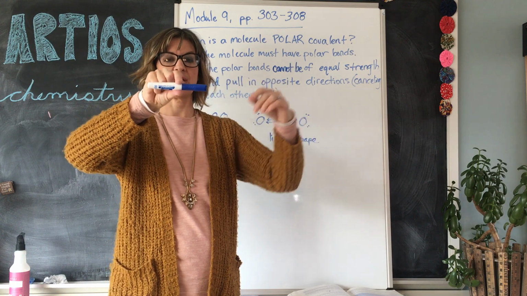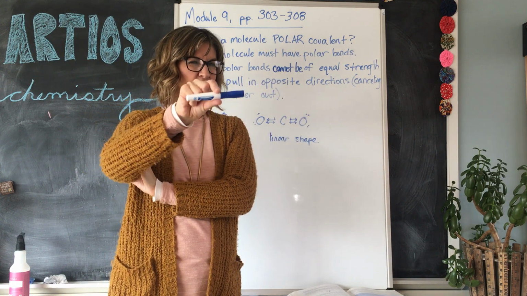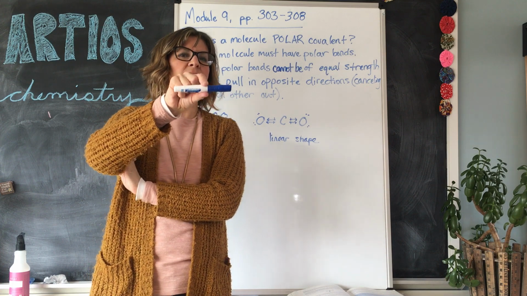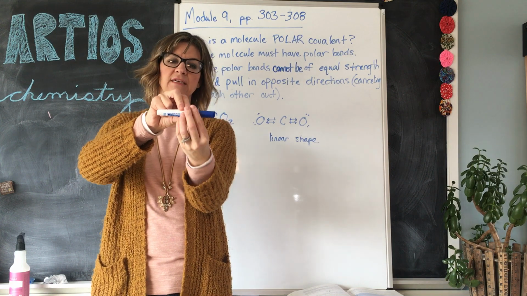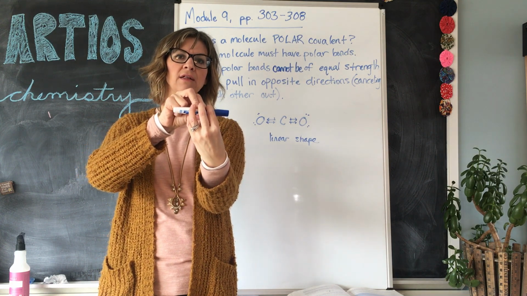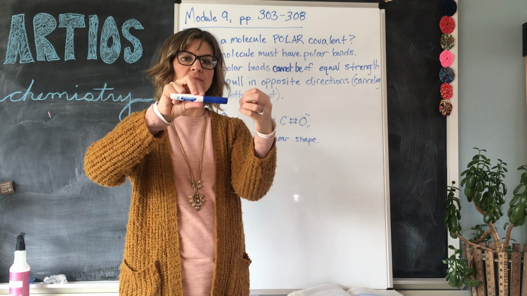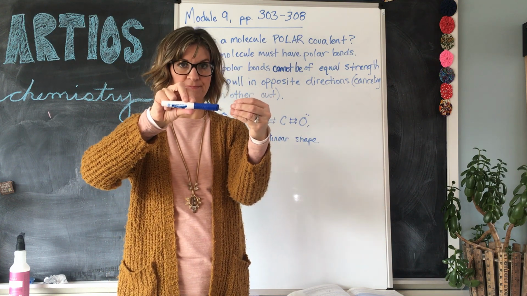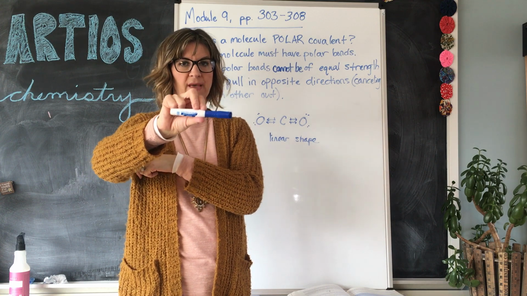If you draw a line through this way, you still have the negatives on the outside. You have to be able to see the positive side of the molecule and the negative side. But here the positive is stuck right in the middle, surrounded by these two negative sides, the oxygen. And the bonds are kind of canceling out the forces between them.